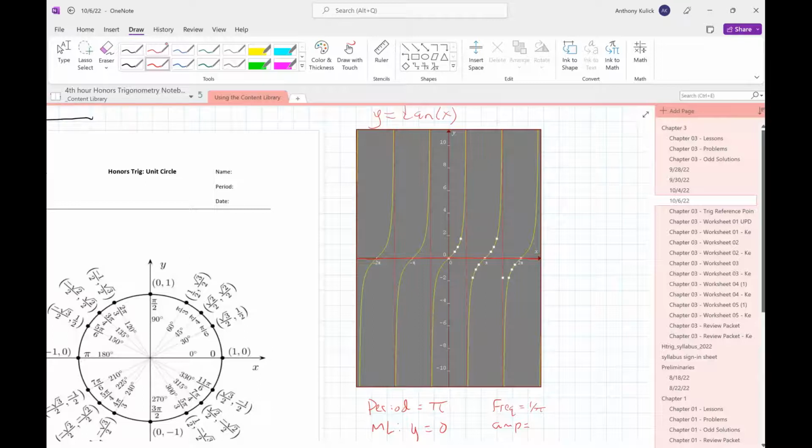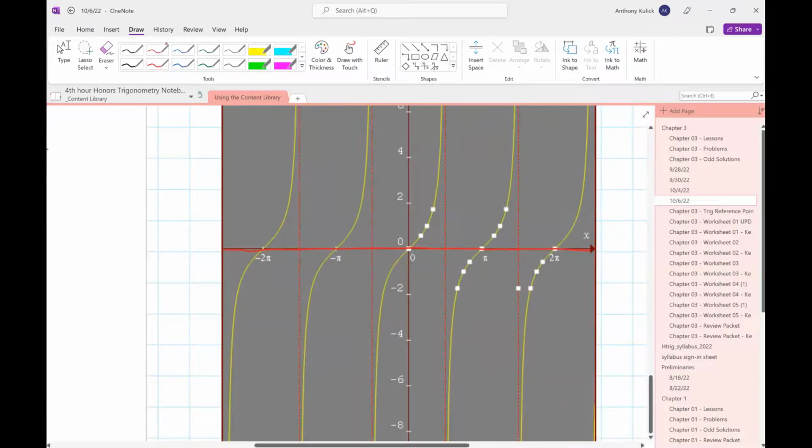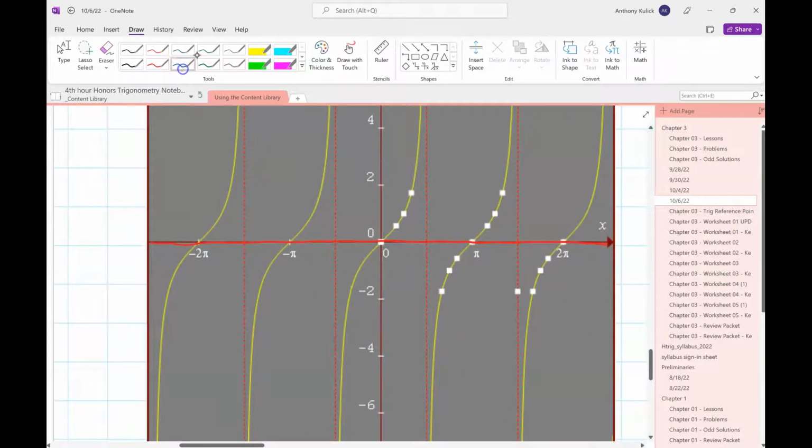So how is the A affecting things then? Oh, well, it definitely does. That distance there is kind of like taking the place of our amplitude.